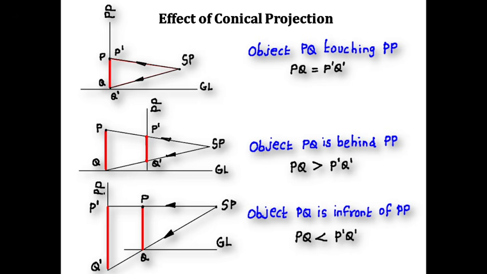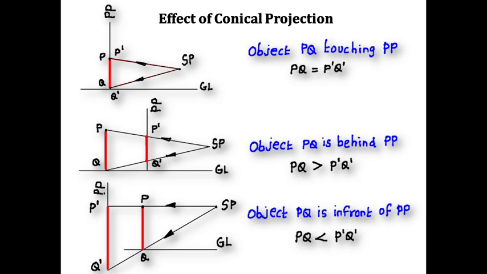Where these visual rays intersect the picture plane, the corresponding points of the perspective image are obtained. By joining these points, we get the final perspective view of the object. Because all the visual rays originate from a single point, the observer's eye, objects that are farther away appear smaller, while objects closer to the observer appear larger.